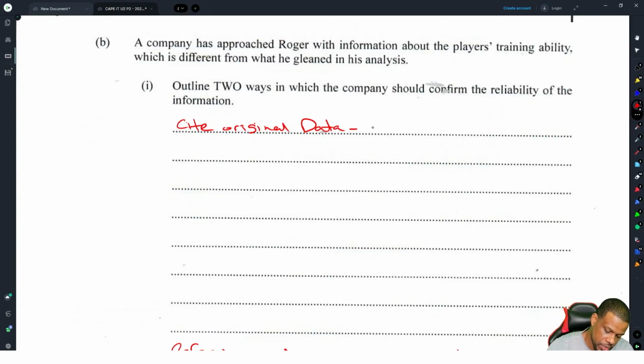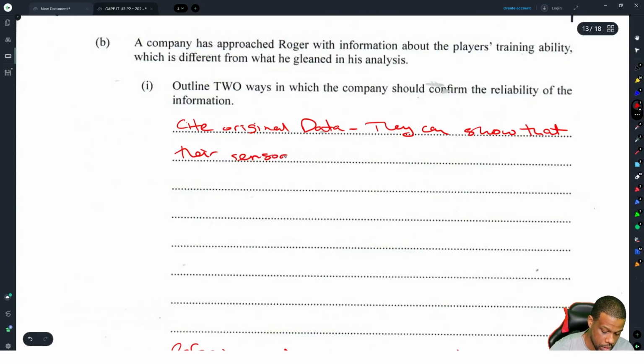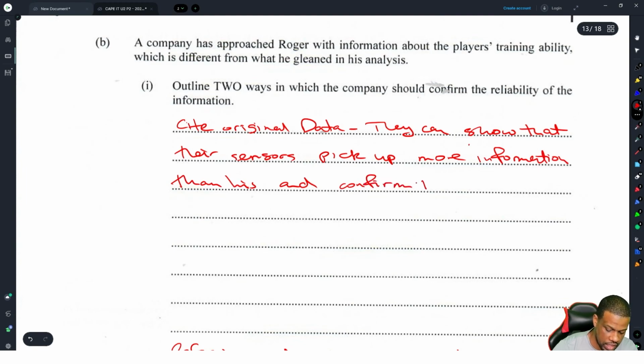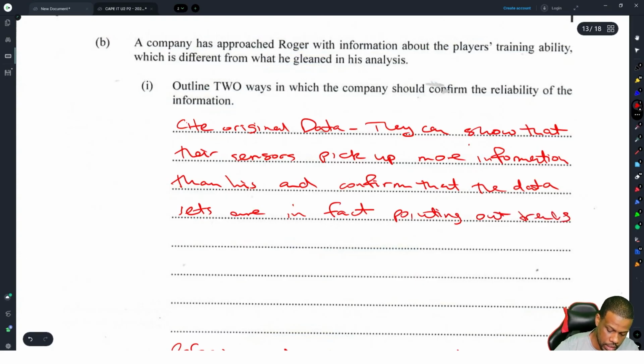Cite the original data. So they can show that their sensors pick up more information than his and confirm that the data sets are in fact pointing out trends that he missed.